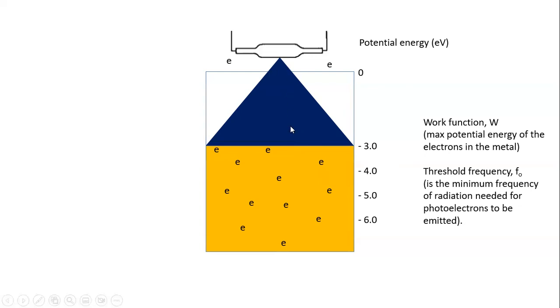That means the photon must have a minimum of 3 electron volts. In other words, since there's a minimum energy of photon, there must be a minimum frequency of radiation. This minimum frequency of radiation is known as the threshold frequency, and it is related to the work function.